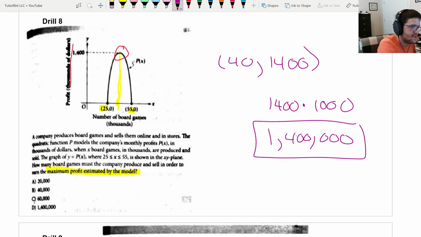And that is answer choice D. So just pay very close attention, guys. If they asked us the number of board games, we'd probably have to do something with that 40. The number of board games that achieves the max profit would be 40,000. But the actual maximum profit itself, that's the y value. So we put 1,400,000.